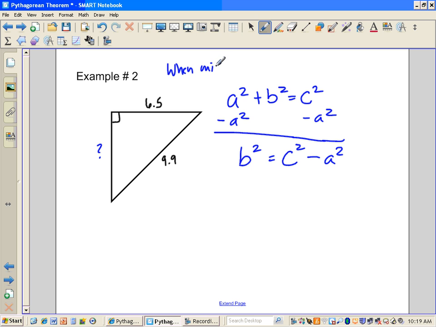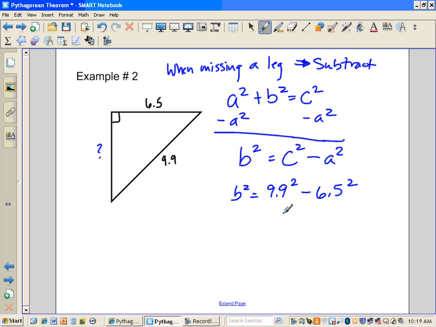When missing a leg, wow, leg only has one G, I don't know why I put an E on there. Leg, you must subtract. I'm missing a leg, subtract. I don't know what b squared is, but I know that c squared is going to be 9.9 squared minus 6.5 squared.